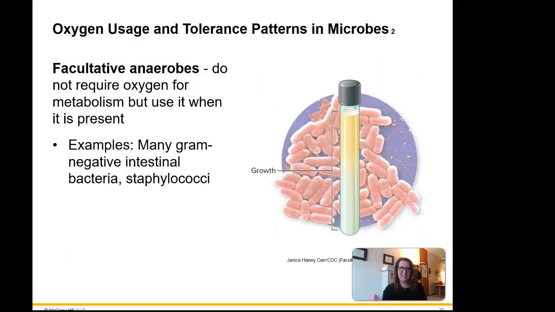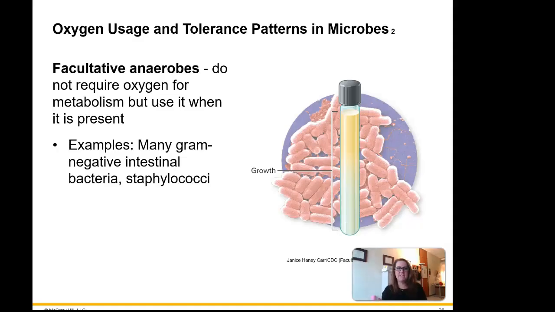Okay. Then we have our facultative anaerobes. So when you see facultative, I think optional. These do not require oxygen, but can use it when it's present. So it's kind of like, my husband's a flexitarian, so he's not a vegetarian. I'm a vegetarian, so he's a facultative omnivore, I guess, or carnivore, because if there's meat present at a family function, he eats it.